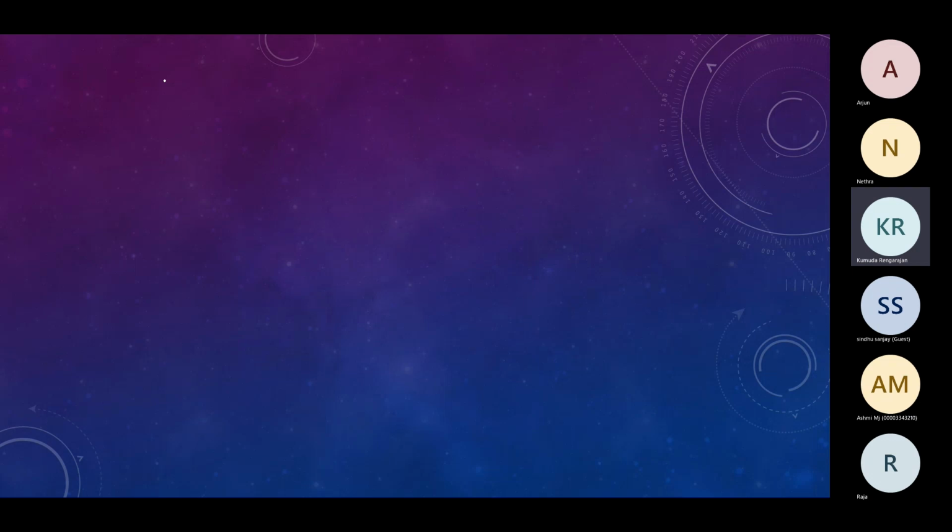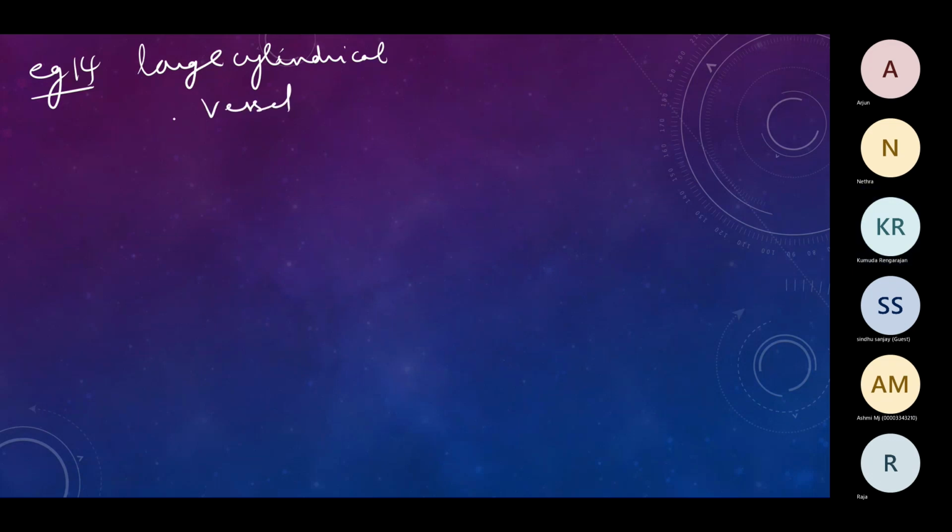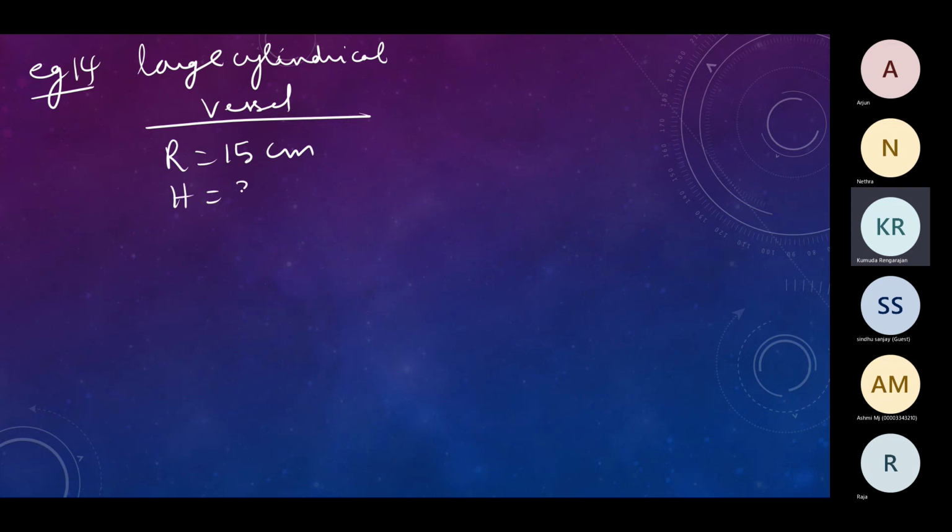So in example 14, you can write down along with me. Example 14. Large cylindrical vessel. Radius is 15 centimeters. And the juice is filled up to a height of 32 centimeters.